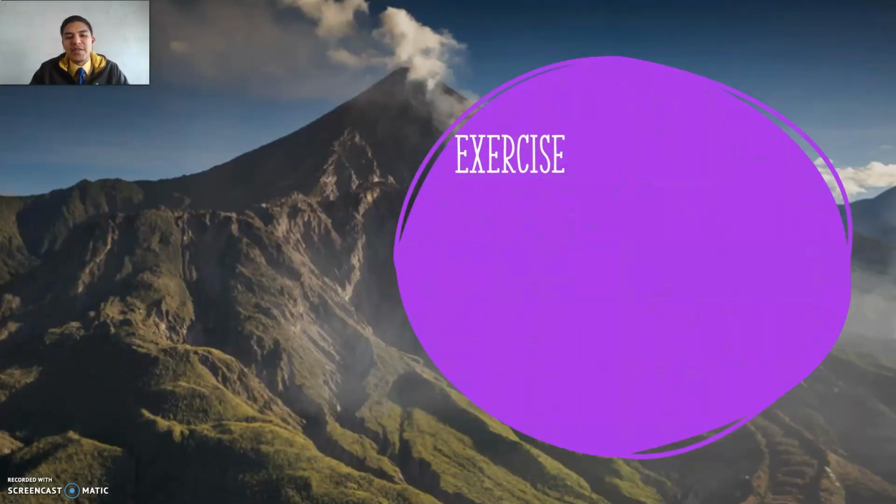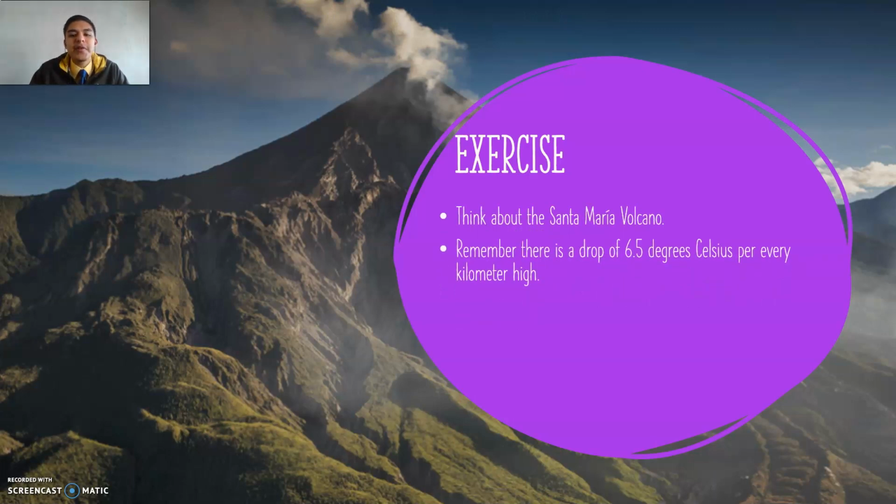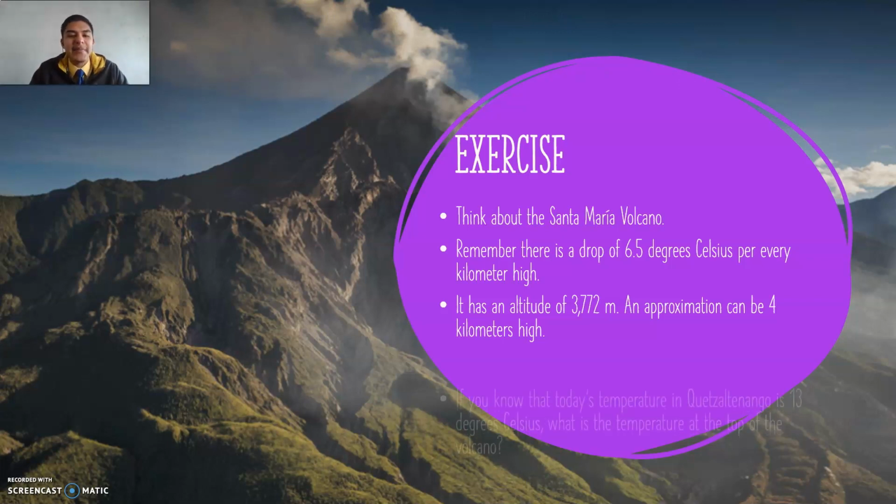Now we have an exercise. Think about the Santa Maria volcano. Remember, there is a drop of 6.5 degrees Celsius for every kilometer of height. The volcano has an altitude of 3,772 meters. An approximation can be 4 kilometers high.